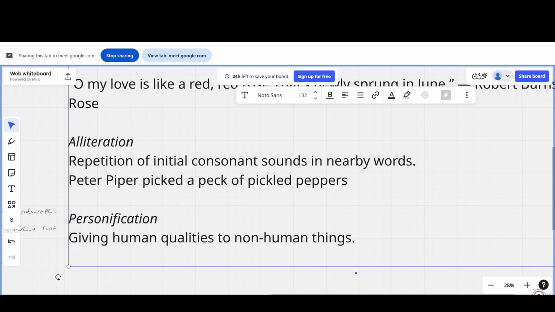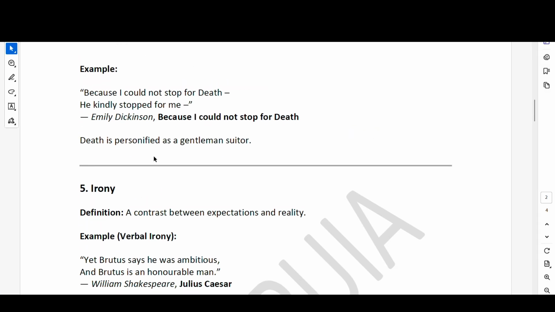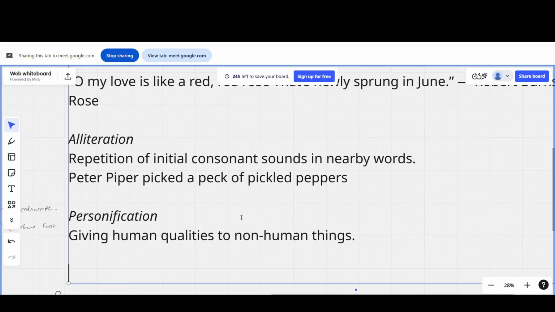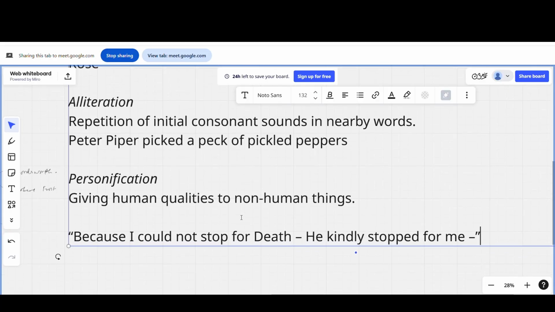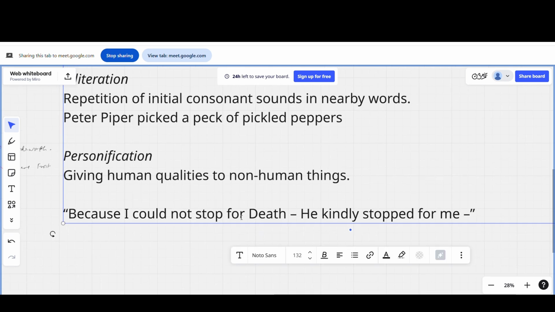And I'll give you a quick example in literature. For example, Emily Dickinson, Because I could not stop for Death. It is a very popular poem, right? So here the author is treating death as if it were a person.